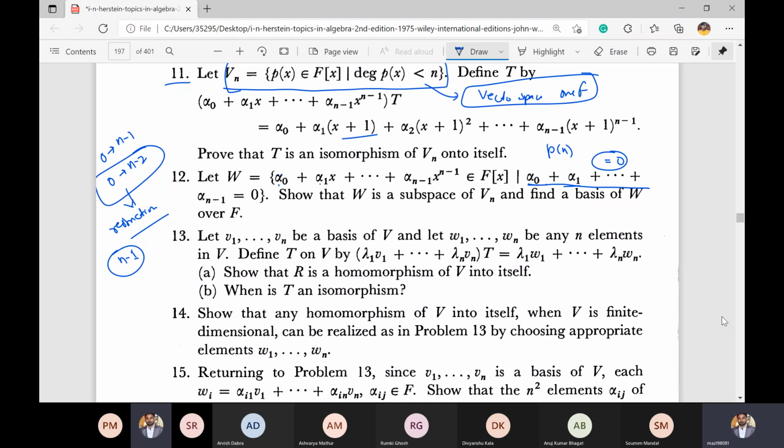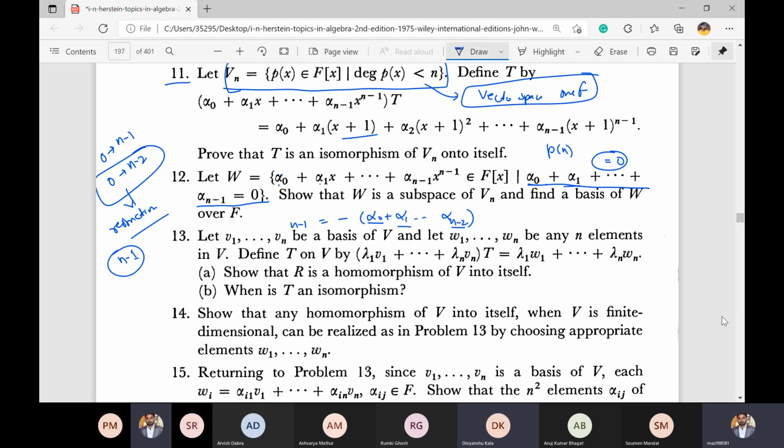This is the coefficient written in the linear combination: minus alpha 0 plus alpha 1 up to alpha n minus 2. So if we choose any alpha 0, alpha 1, then we can write alpha n minus 1. This is the linear combination coefficient, and this one is linearly dependent. This is the restriction that we have to apply.